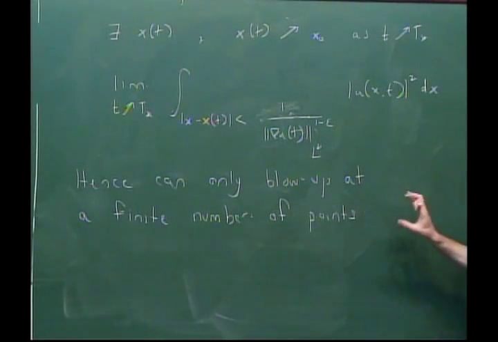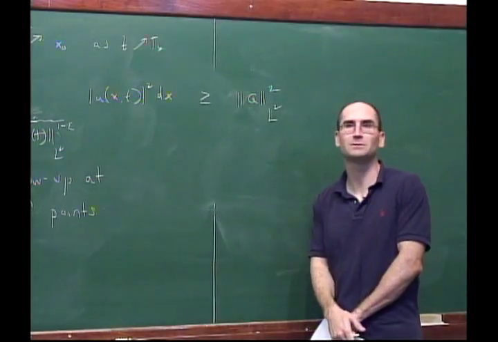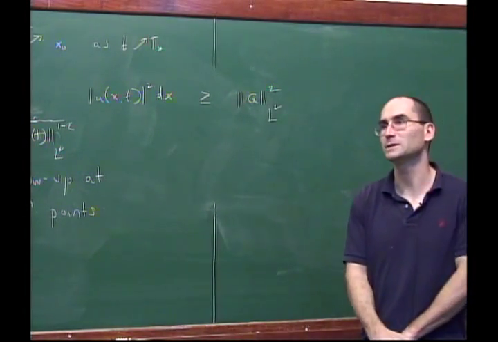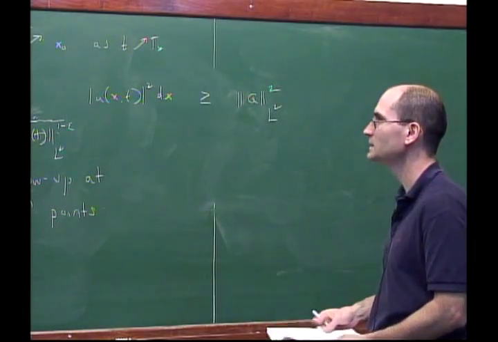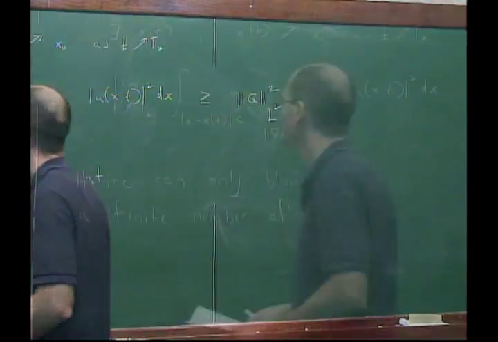And it's expressed differently. That's the statement that the dimension of the blow-up set is 0. It's a zero-dimensional set would be a finite set of points. So that's in the L2 critical case.